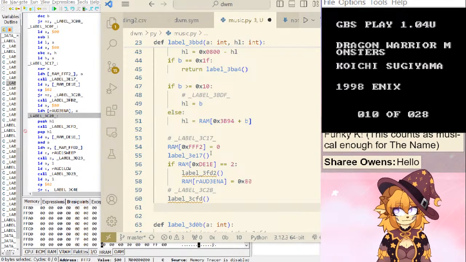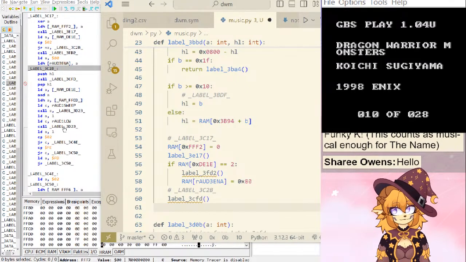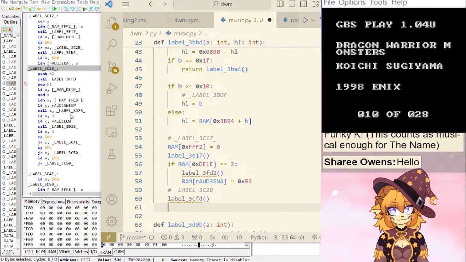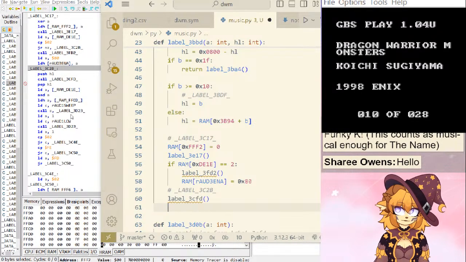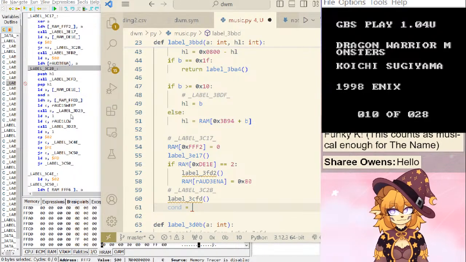CFD. Loads don't set the thing, so it's setting this condition here with the call Z up here.